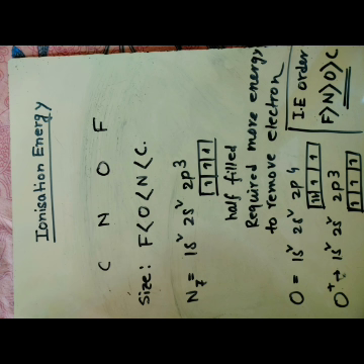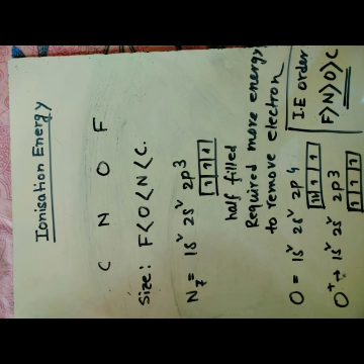If the size is smaller, then more ionization energy is required. So here the size of oxygen is smaller than nitrogen, so the ionization energy of oxygen should be more than nitrogen, but it actually does not happen.